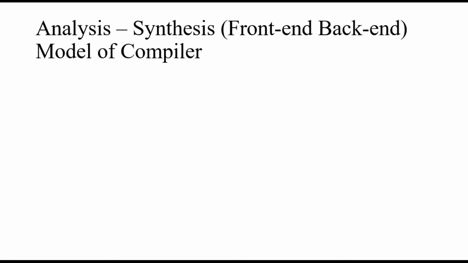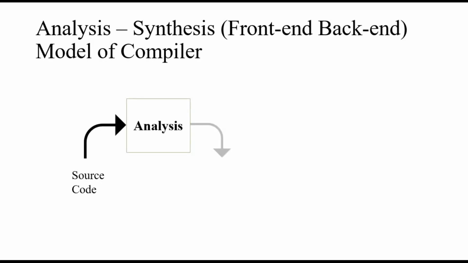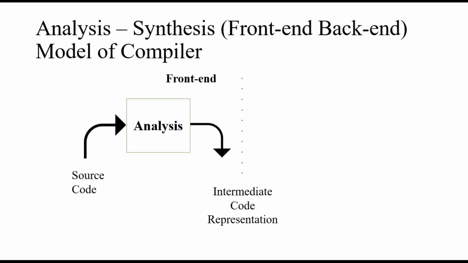First, the source program. Source code is the input to the analysis phase. It generates the intermediate code representation, which is also known as the front end of the compiler.